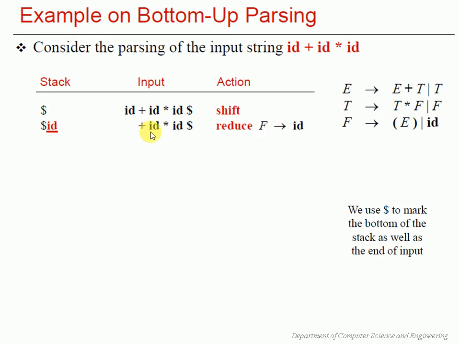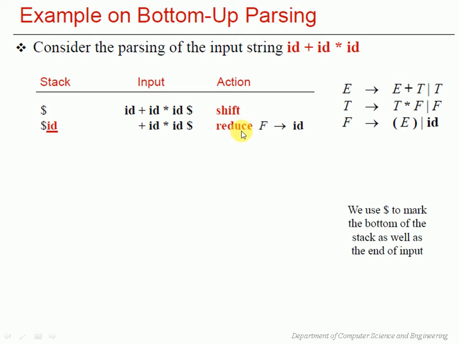The input now has plus id star id, and when id is shifted, it is identified as a handle. Since you get a handle on the top of the stack, where id is now the top, we need to perform a reduce operation.